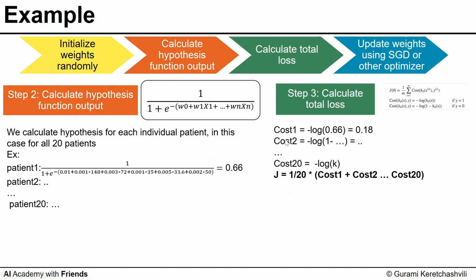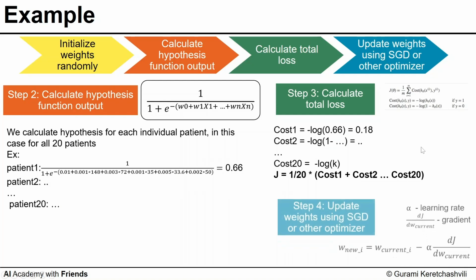For patient 2, the cost function will be minus logarithm of 1 minus some value. It is because for each individual patient, we use a different cost function, which depends on the ground truth label. If the ground truth label is 1, we use minus logarithm of h(x). If the ground truth is 0, we use minus logarithm of 1 minus h(x).